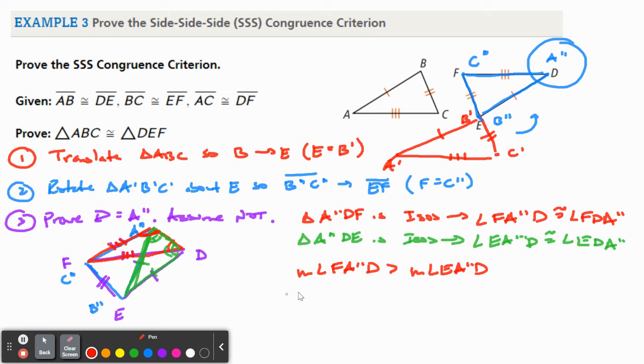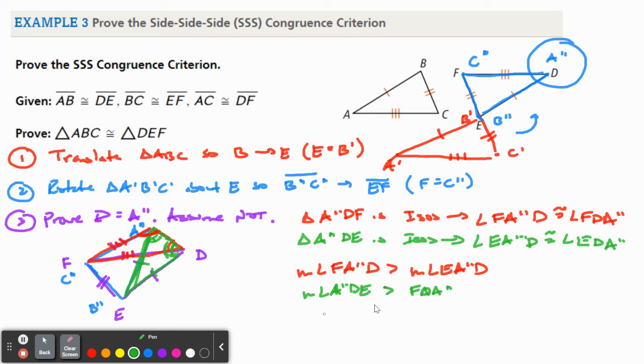And likewise, in the green triangle, we know that the measure of angle A double prime DE, this corner angle right here, would have to be bigger than FD A double prime.